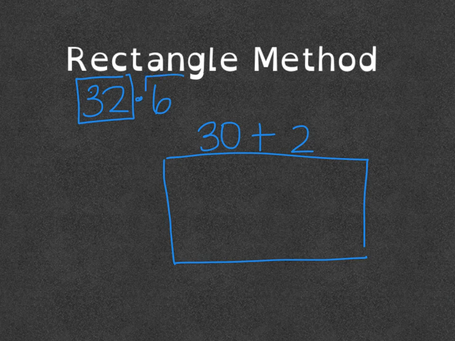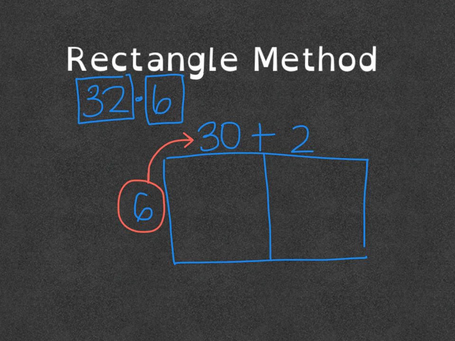Then you take your factor, 6, and put it on the side. Using this method, what I'm doing is I'm distributing 6 to the 30 and then distributing it out to the 2. Does that remind you a bit of our distributive property?